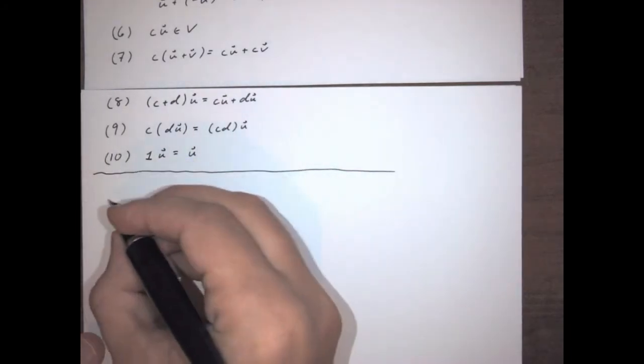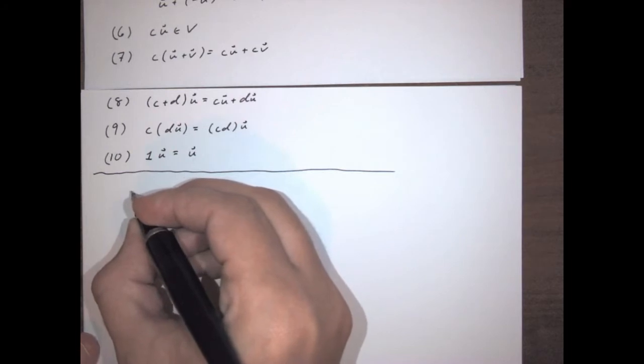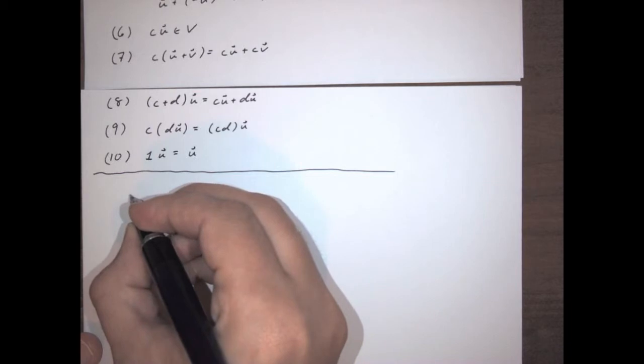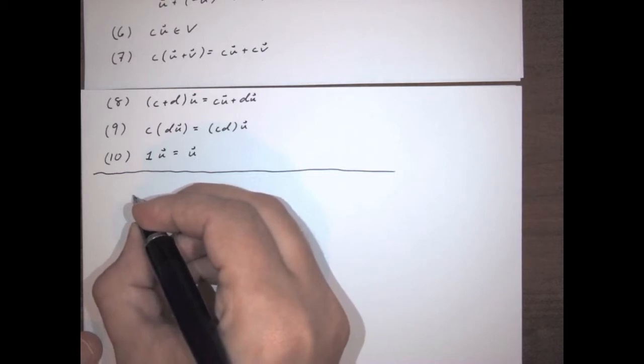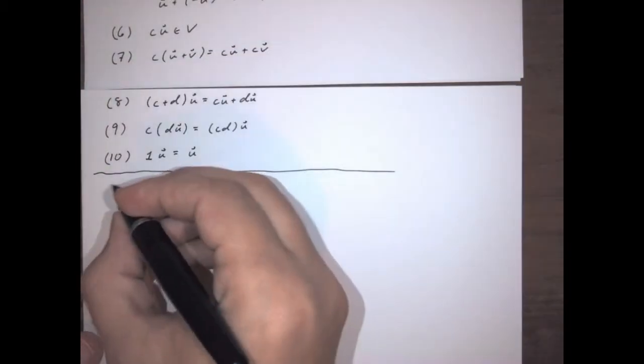Now the elements of the set can be any kind of crazy variety of things. The important thing is, does it have addition of members from within its set? And does the addition satisfy the properties? Does it have scalar multiplication? Does the scalar multiplication satisfy those properties? Is there a 0? Things like that.